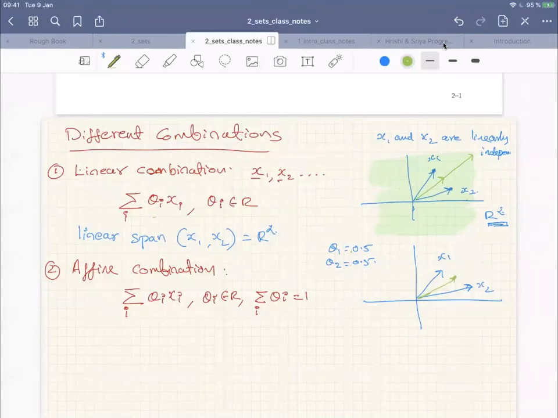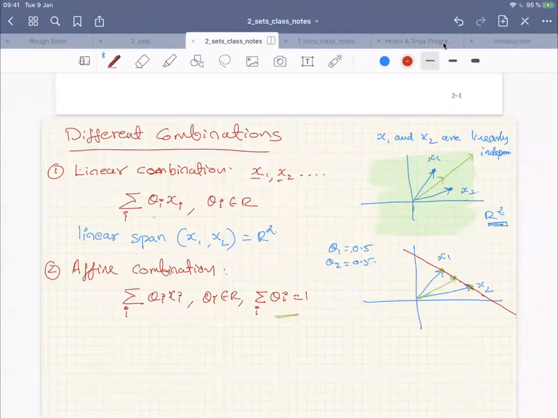Now you can try various values of theta. For example, if you take theta 1 to be 0 and theta 2 to be 1, then you will get x2. If you take theta 2 to be 0 and theta 1 to be 1, then you will get x1. And as you vary the theta_i with this constraint, you will get different points like this, and basically it will be a line passing through x1 and x2.